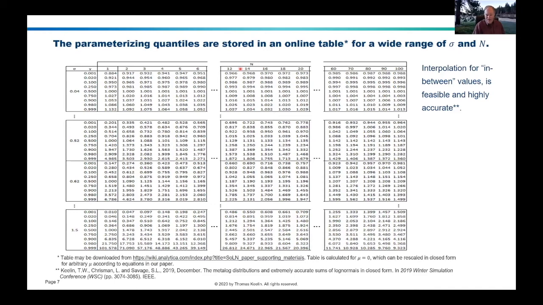And that kind of interpolation is both feasible as a metalog and highly accurate. What I mean by interpolation in a simple sense is, if you wanted the quantile vector for n equals 13, you would just take the quantile vector for n equals 12, add that to the quantile vector for n equals 14, divide by 2, and now you have the interpolated quantile vector.